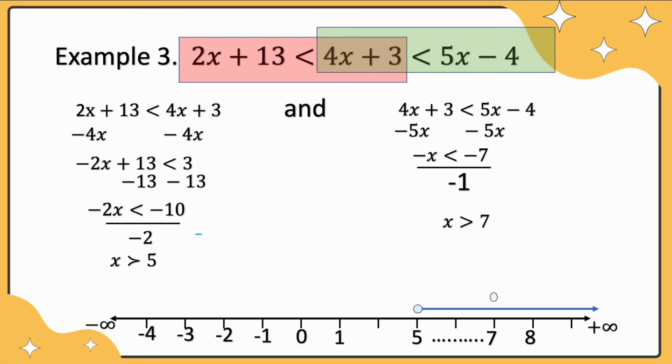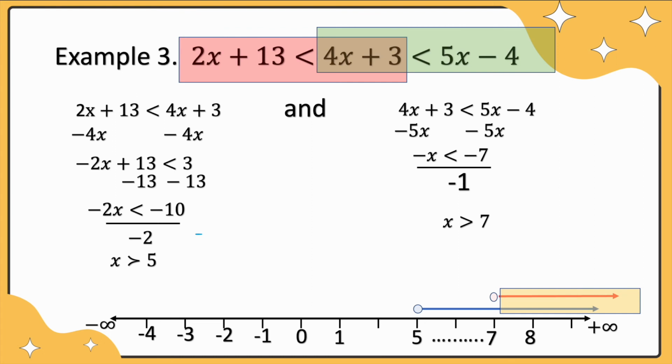Again, start with an open circle to mark 7, since 7 is not included. Then shade all the values greater than 7, and that goes to positive infinity again. Now, the values of x that are true for both parts are the area that overlaps. So in this case, all values of x greater than 7 till positive infinity.